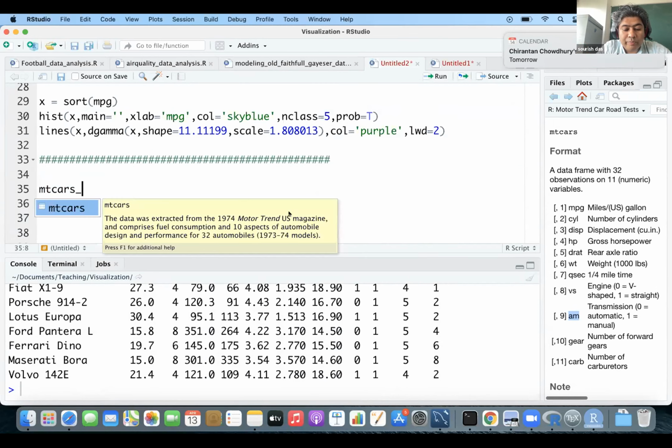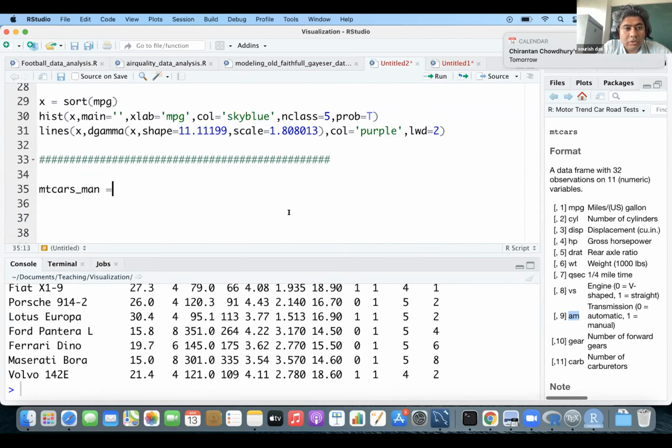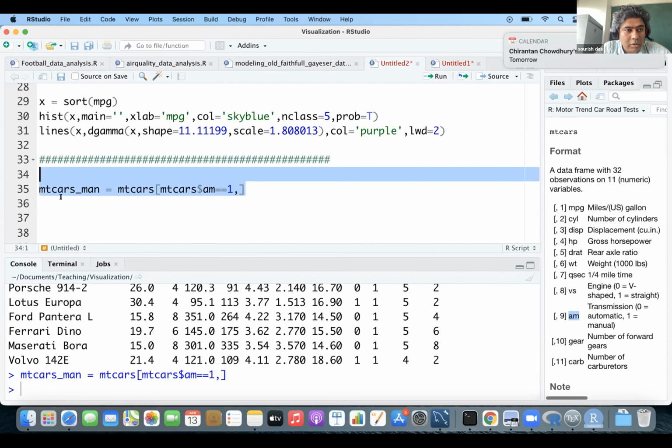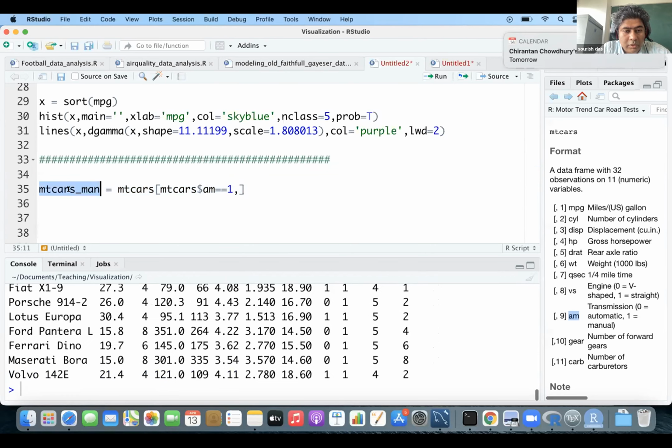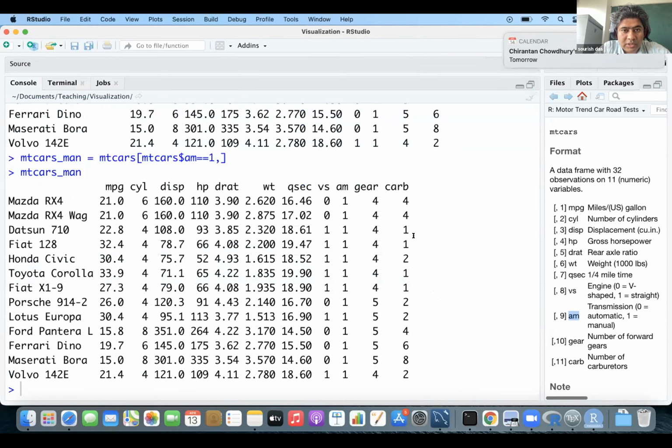One with manual, so mtcars with am equal to 1. So these are the cars which all have manual transmission.